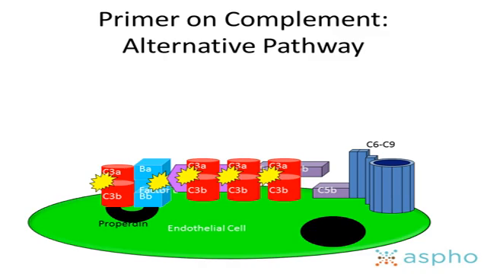And each new molecule of C3b can then bind to a new molecule of factor B. Hopefully this gives you a sense of how this alternative pathway is also known as the amplification loop, by which a few molecules of C3b that are spontaneously activated can lead to millions of molecules of C3b in very short order.